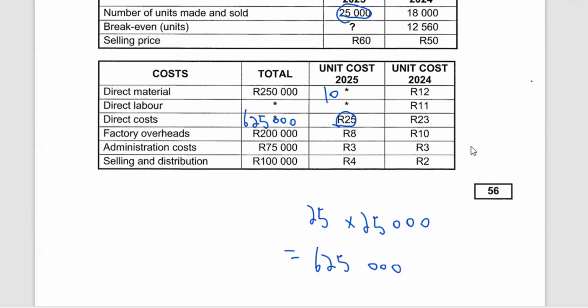Then now to get our direct labor cost, we're going to do the bottom up. 625,000 minus 250,000. We get our direct labor cost of 375,000. Then to get the unit cost, we're going to say 375,000 divided by 25,000 units. Then we get 15.